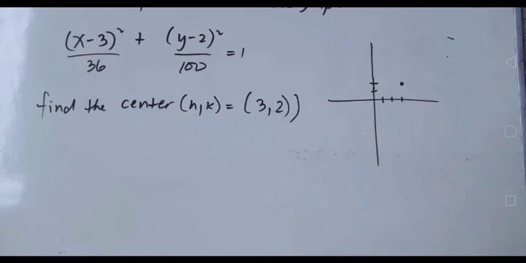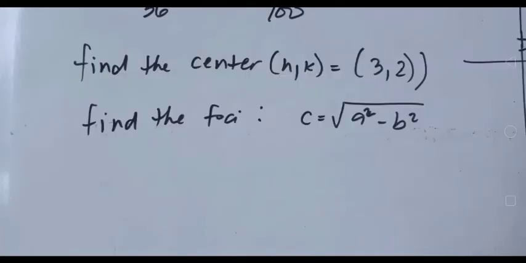We can already locate that in our Cartesian coordinate plane. In our x, we have 3, so 3 counts to the right of the x-axis and 2 counts up in the y-axis. That is our center. In the problem, we also have to find the foci.